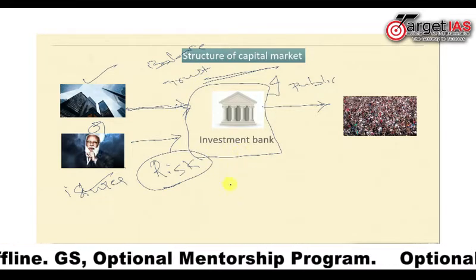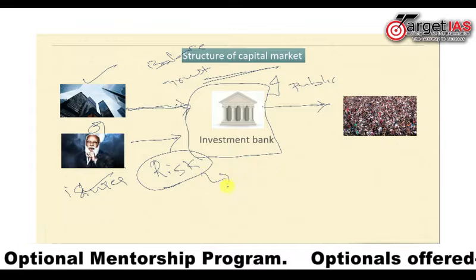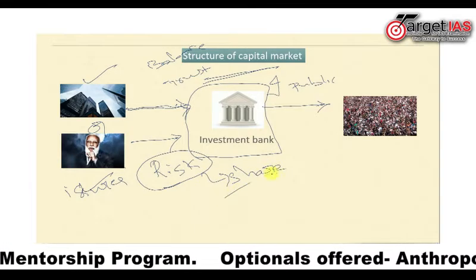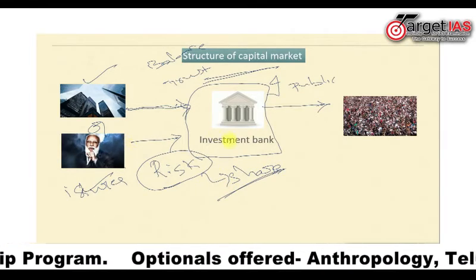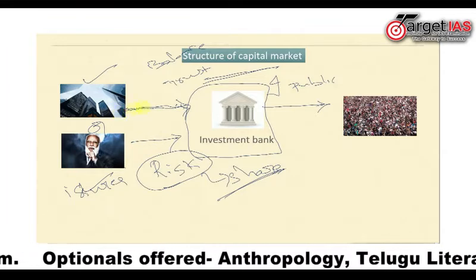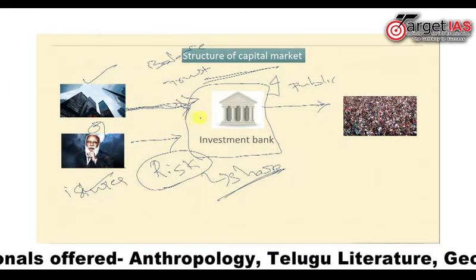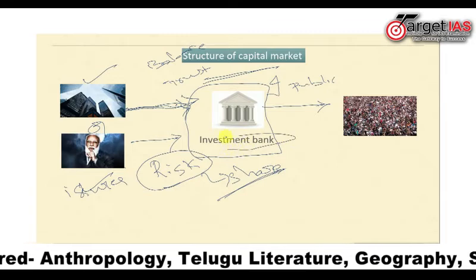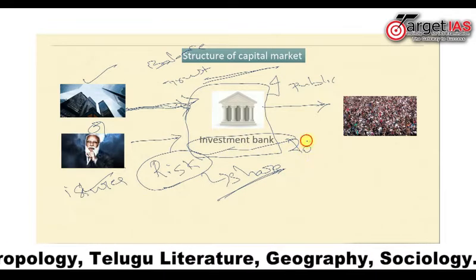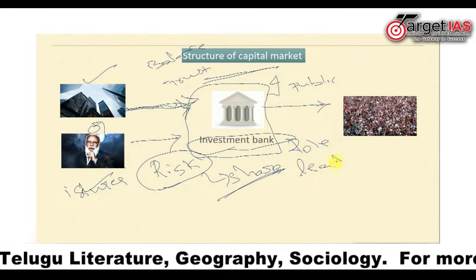So the investment bank will share the risk from the entities, and corporations will generally issue shares to the investment bank, and the investment bank will take the role of lead underwriting.